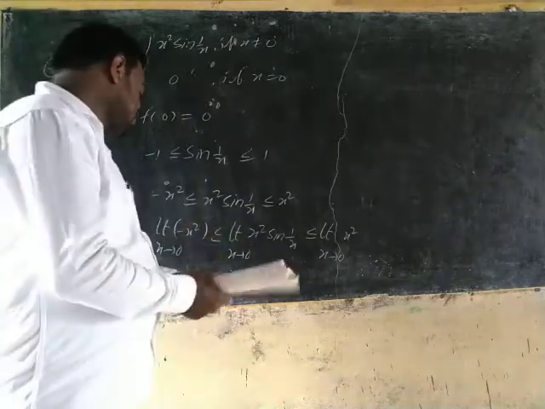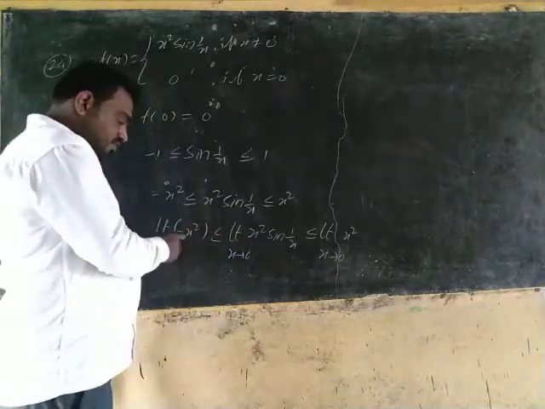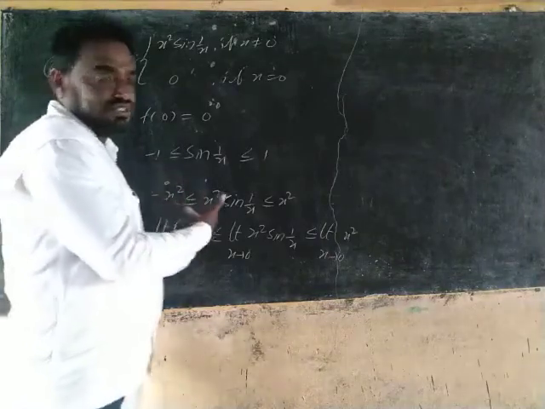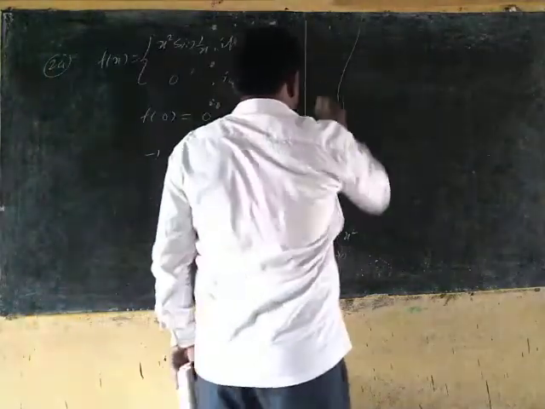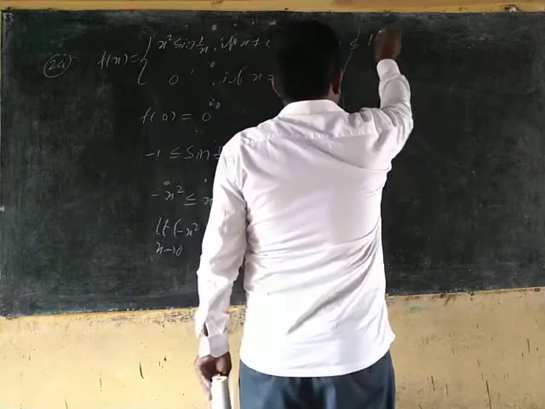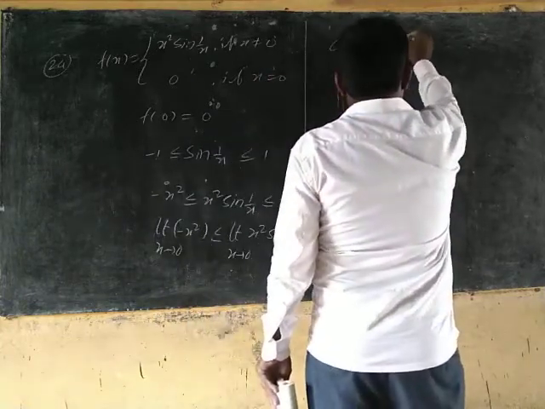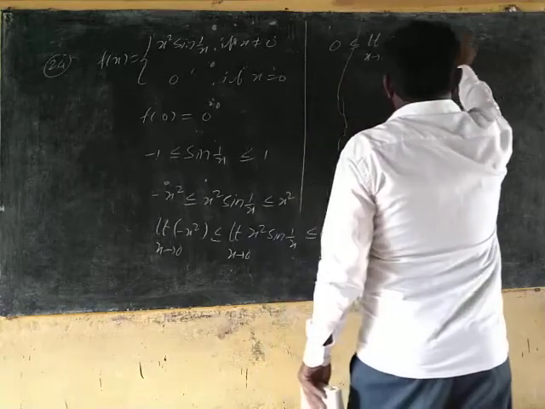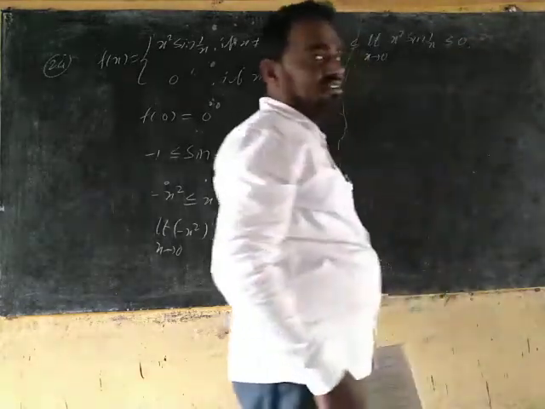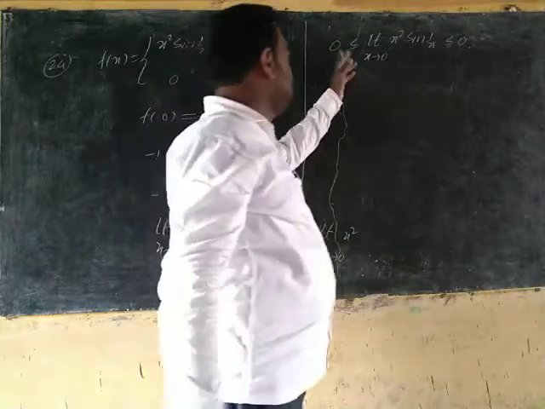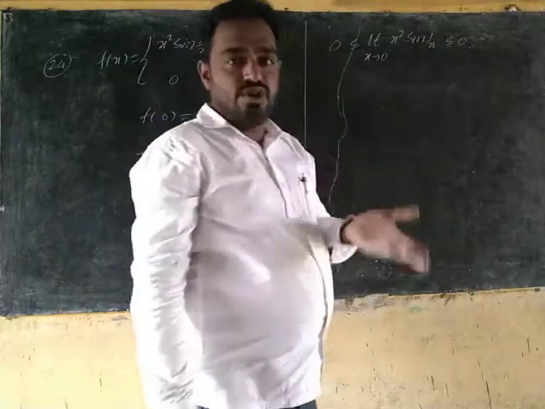So then you substitute now x is equal to 0, minus 0 square is equal to 0 only. So 0 is less than or equal to limit x tends to 0 of x square into sine of 1 by x, less than or equal to 0. That means this value lies between 0 and 0, which means 0 only.